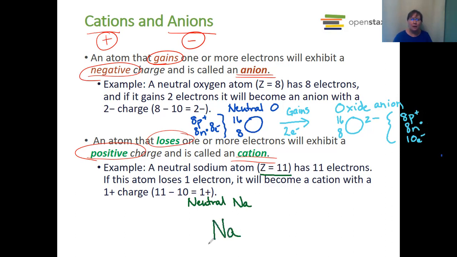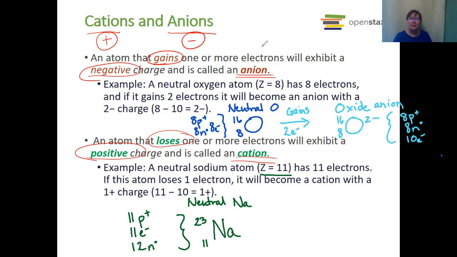So neutral sodium with 11 and a mass number, the most common mass number is 23. And this one is neutral. And that means that it will have 11 protons and 11 electrons. Now remember, atomic number plus neutrons equals our mass number, which means that this one will have 12 neutrons.